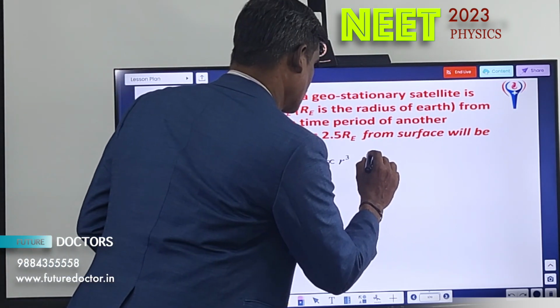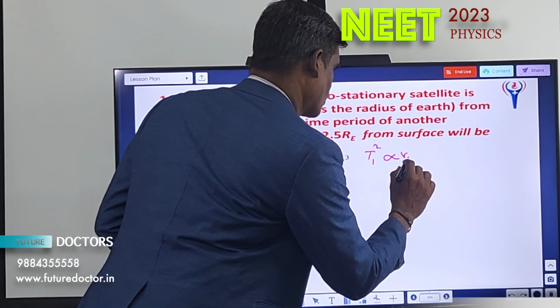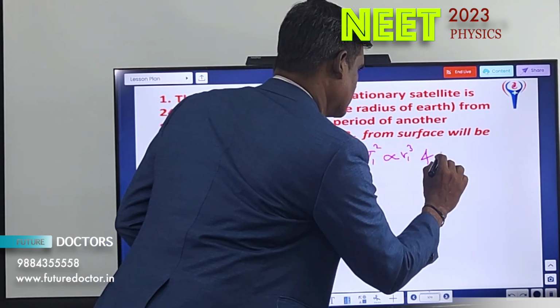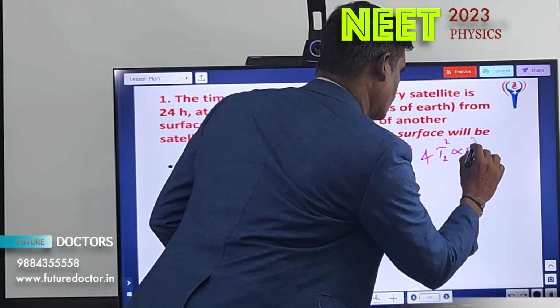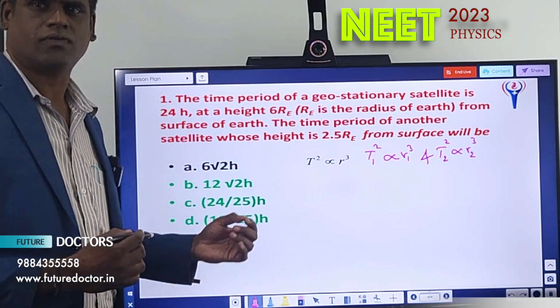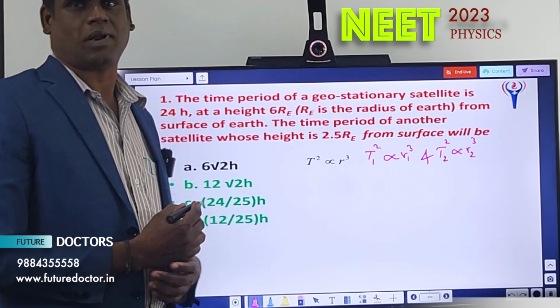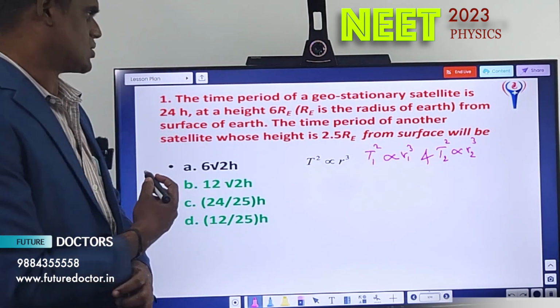T1 squared is proportional to R1 cubed and T2 squared is proportional to R2 cubed. This is the law of periods, Kepler's third law of planetary motion: square of the time period is proportional to cube of the distance.